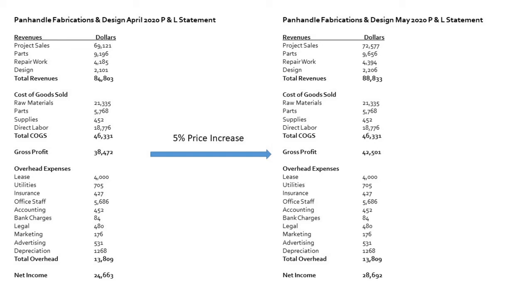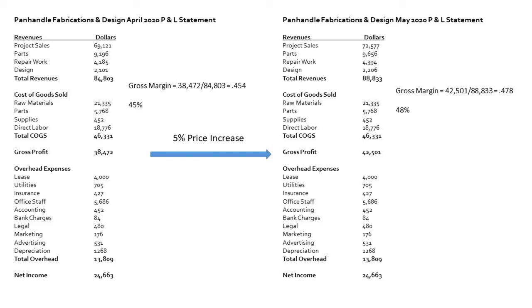If we calculate the gross margins of these two cases, we see in the April statement that we have the 45% gross margin that we calculated before. But now for May, because of the price increase, we now are generating a 48% gross margin.